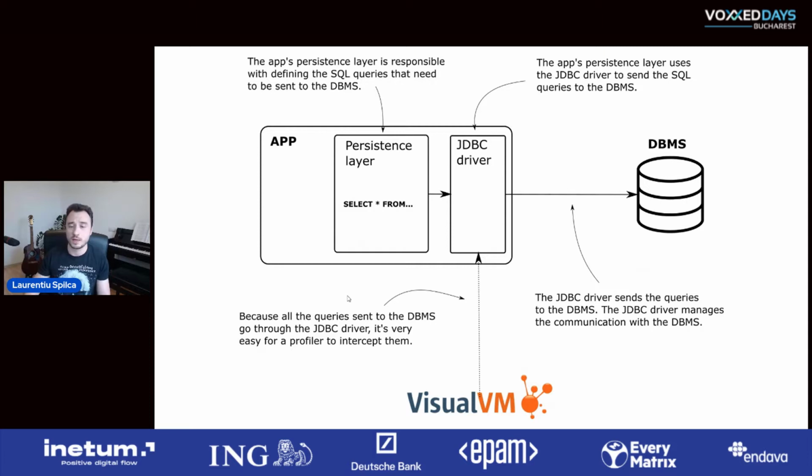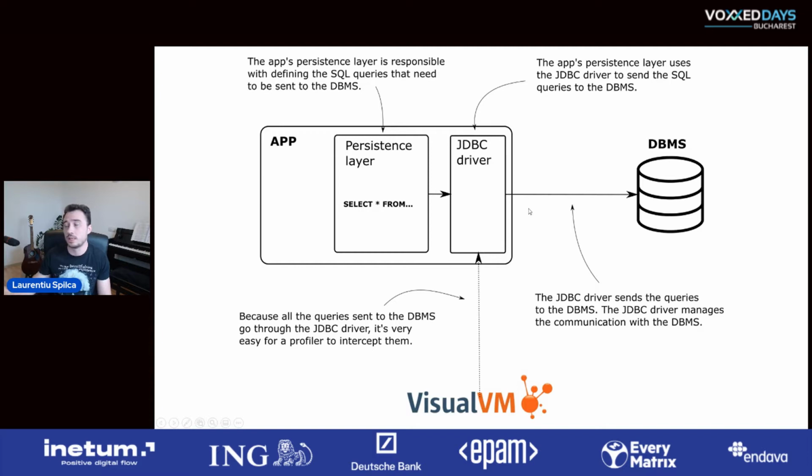How it happens behind the scenes, well, it's pretty easy. You and all of us know that when you have a query sent by your application, whether it's sent through an ORM framework or you send it directly through JDBC, the JDBC driver is basically the one that comes with the implementations specific to your DBMS technology, which means that profiling tools such as VisualVM can easily intercept the JDBC driver calls and extract from there all the data, including the SQL queries that are sent and the parameters.